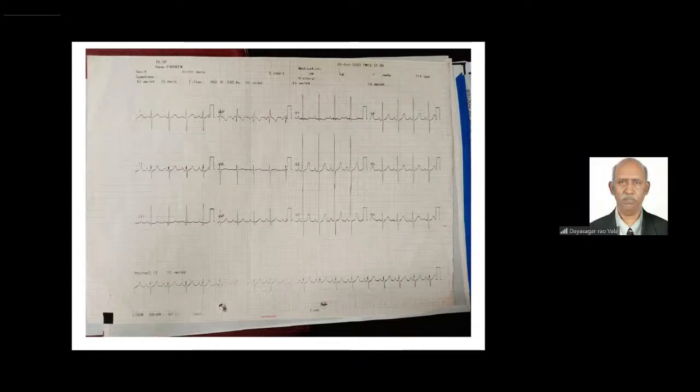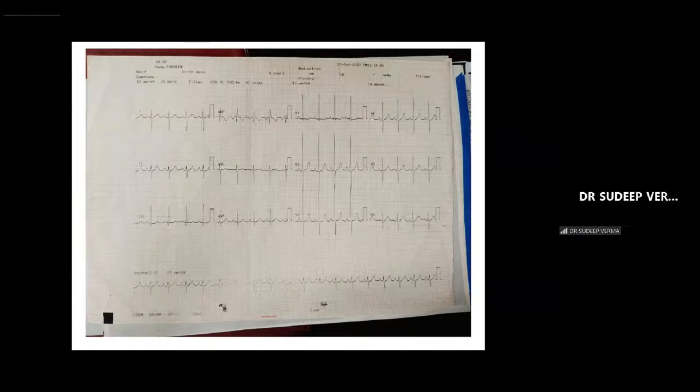Suppose the P wave is inverted in lead 1. What is your conclusion? It is important that you interpret the pediatric ECG in a slightly different way from the regular adult ECG, because the atria may be inverted or non-inverted. Once you are saying sinus rhythm, you should tell the definition of sinus rhythm.